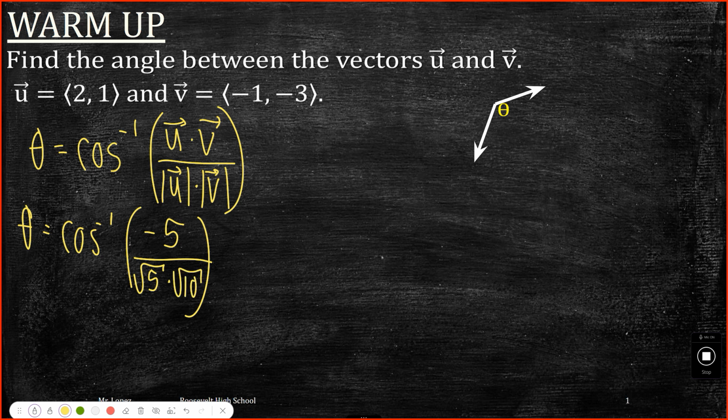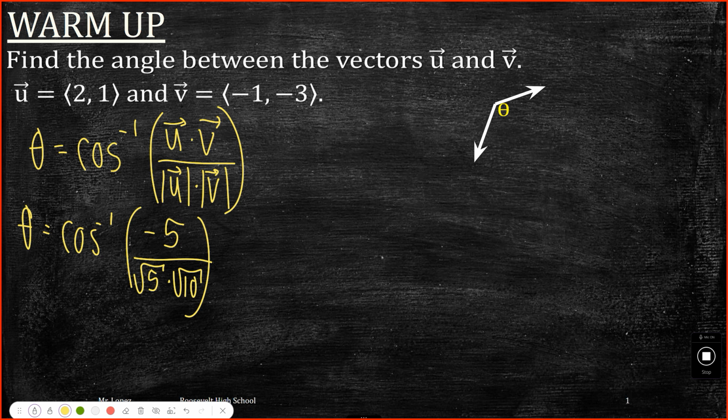Then you get a calculator. For you guys taking the test coming up on Friday, I would get a number here and then do everything. So I would do negative 5 divided by square root of 5. That's just kind of the way I would do it.